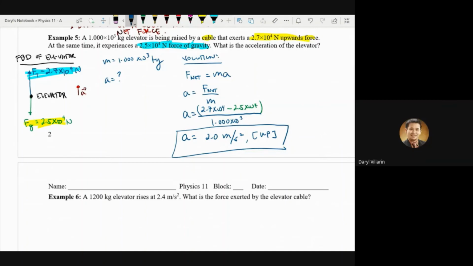Okay, so acceleration is a vector quantity, so the answer should have magnitude as well as direction.